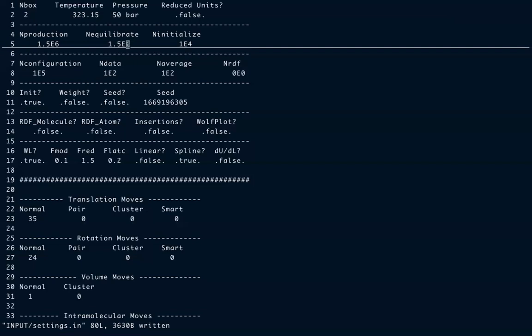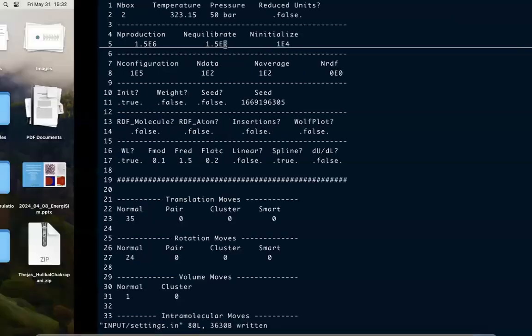And the way to check this is to see how smooth your weight function is, because you have a lambda bin, and the weight function is a function of lambda, and this has to be more or less pretty smooth.